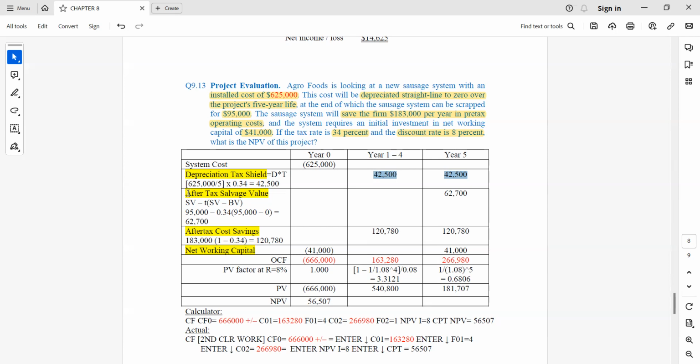Next one, remember we sell off one asset here. It is scrapped for 95,000. So salvage value, but that is before tax. I need to adjust for tax. Minus tax rate, bracket, salvage value minus the book value. Now, what is the book value then?